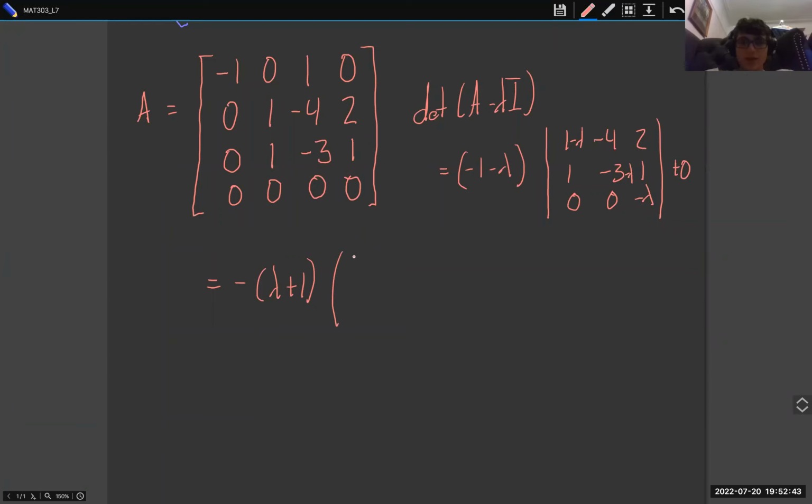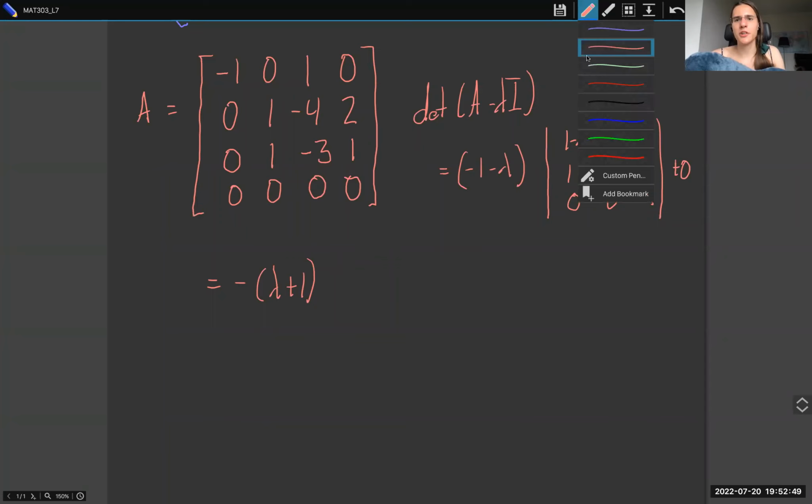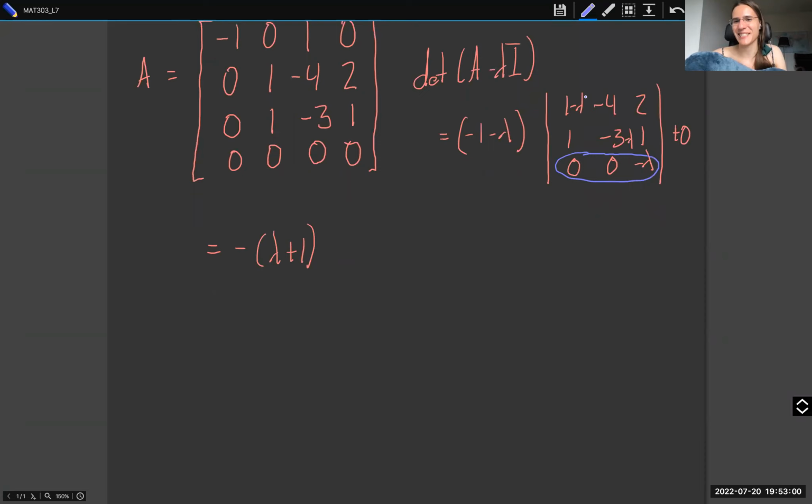Could we do it like the last row? Oh yeah, that's a good point. So let's do a cofactor expansion. You mean at this stage, right? That's a better way to compute it. I think that's actually how the notes that I'm using compute it. I decided to do it as a 3x3 matrix, but no, let's do a cofactor expansion.